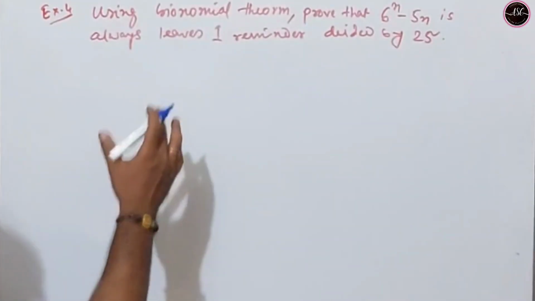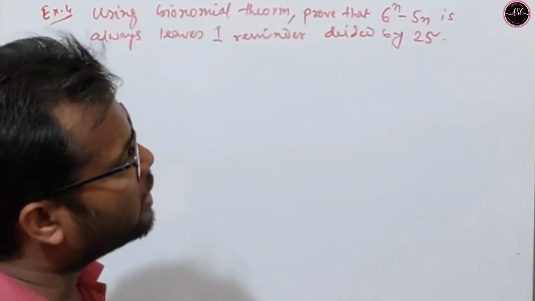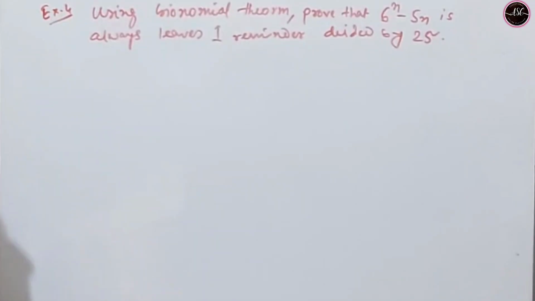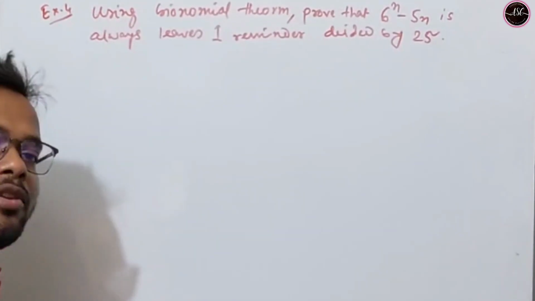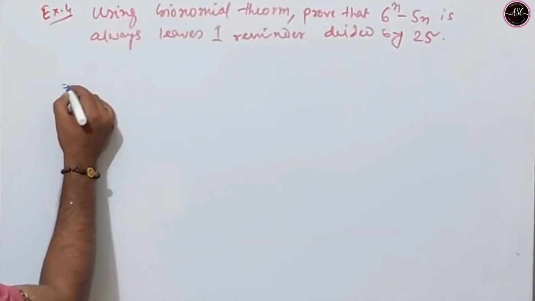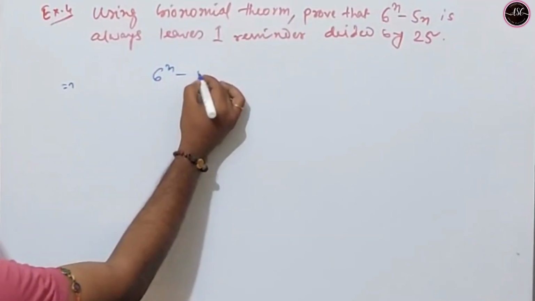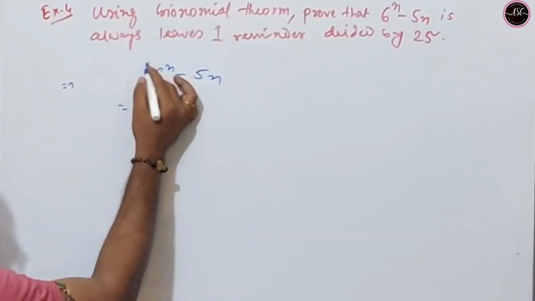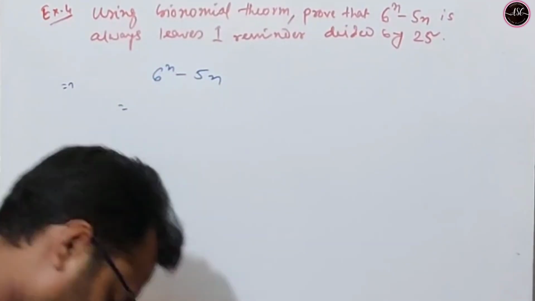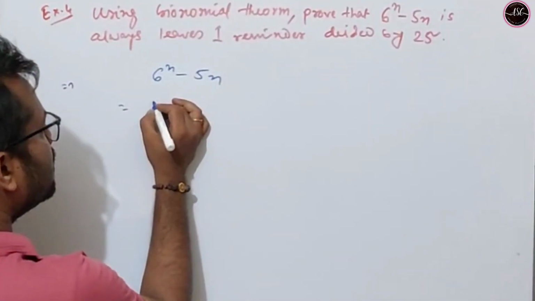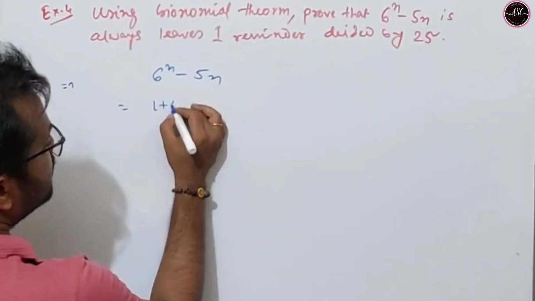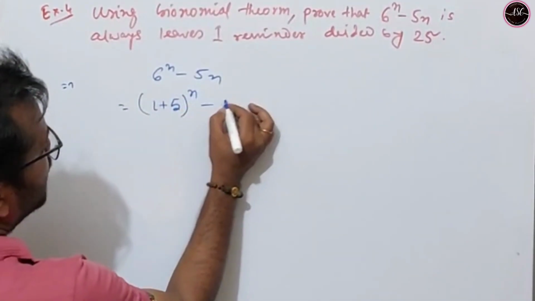Okay, let's look at this example. Using binomial theorem, prove that 6 to the power n minus 5n always leaves remainder 1 when divided by 25. Okay, so then look here, 6 to the power n minus 5n, we can write this 6 as 1 plus 5, to the power n minus 5n.